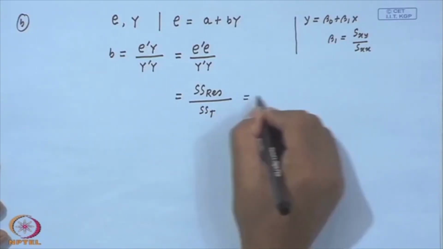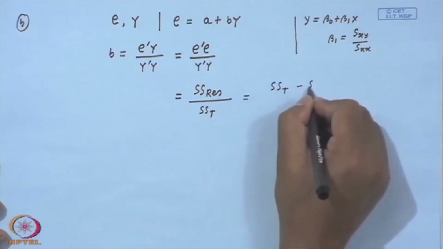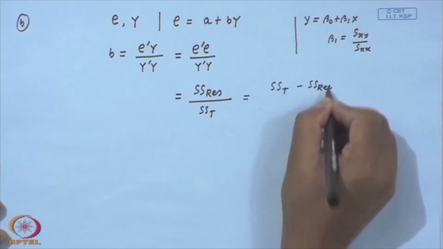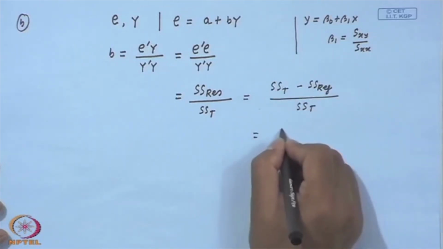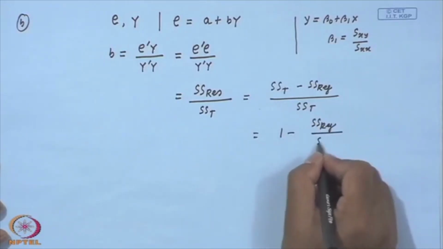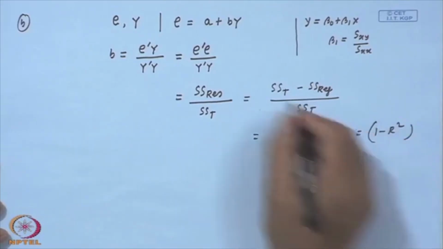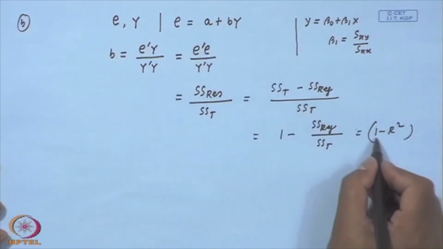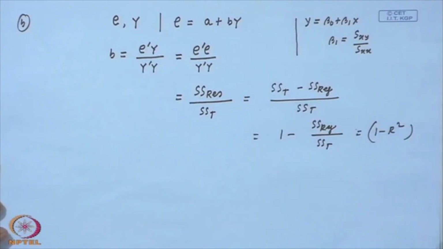So, this one is nothing but S S total minus S S regression by S S total. So, this is nothing but 1 minus S S regression by S S total, which is equal to 1 minus r square. So, the slope b, we have proved that this is 1 minus r square.